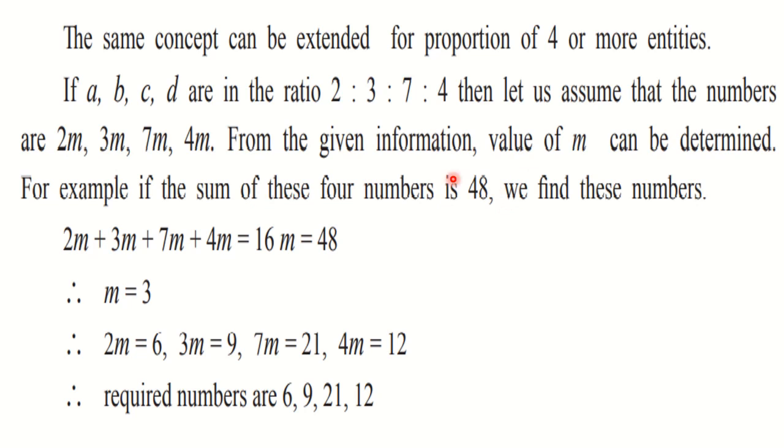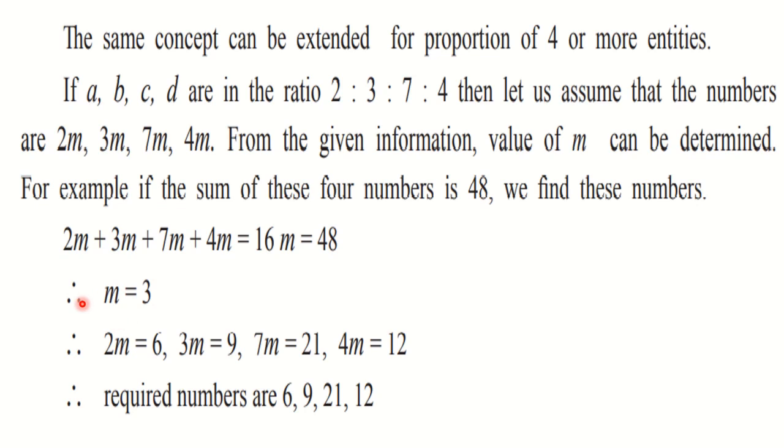The numbers are with us and their sum is provided. That means if we add them, we are going to get 48: 2m plus 3m plus 7m plus 4m. If we add, we get 16m is equal to 48, and from that the value of m is 3.